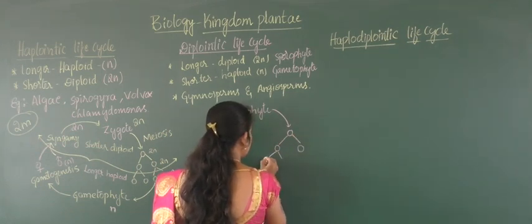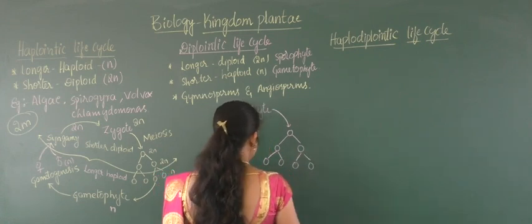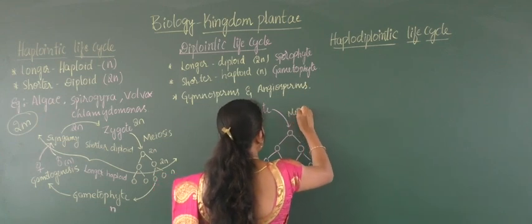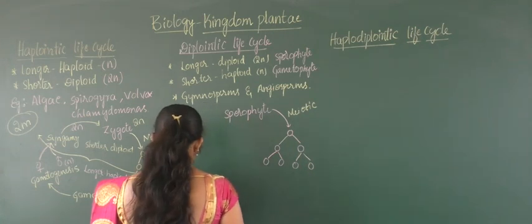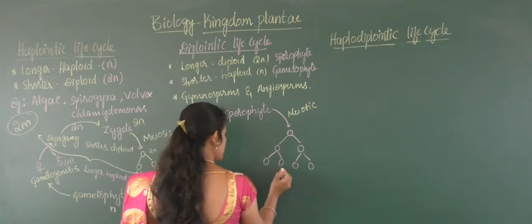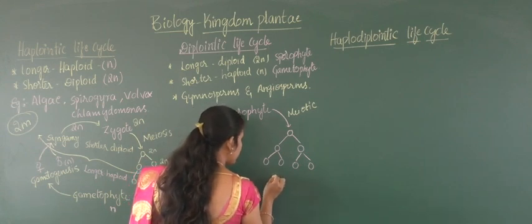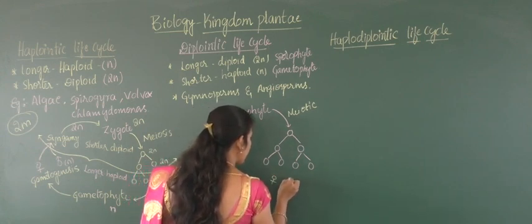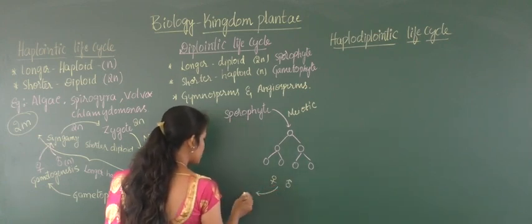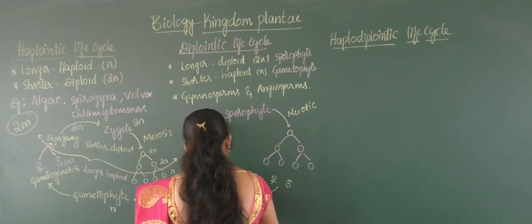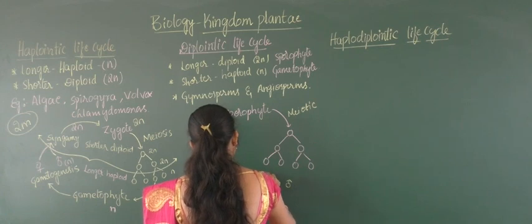Later by the second division it becomes an n condition always. So this is by meiotic division. Then male and female gametes are formed separately, and later these male and female gametes undergo fusion, and that is called syngamy.